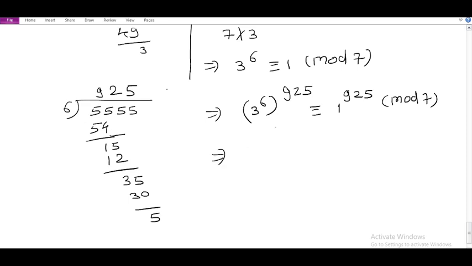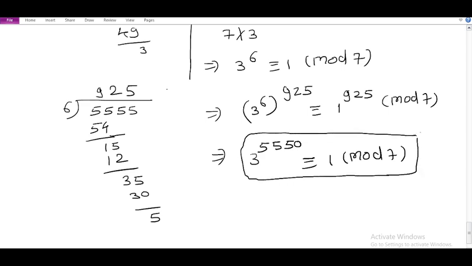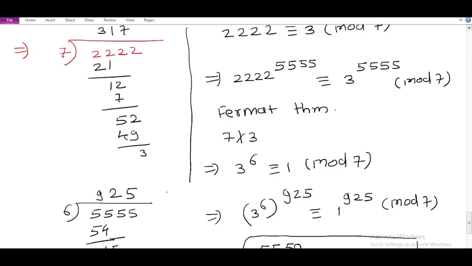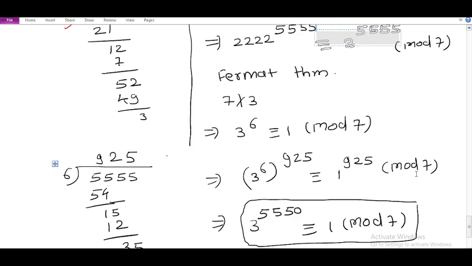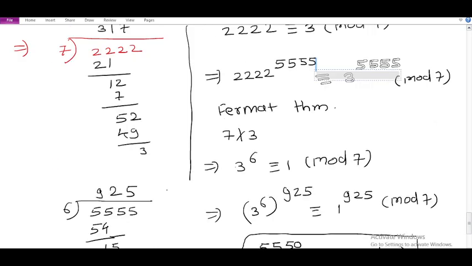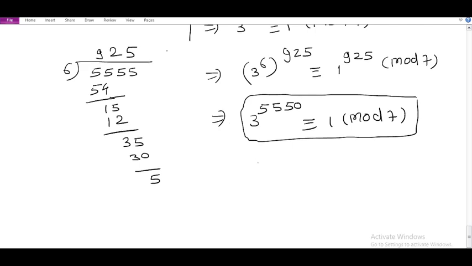So this implies if you multiply this 925 by 6, we get 3 raised to 5550 congruent to 1 modulo 7. Say this is equation number 1. We want to reach up to the power 3 raised to 5555. So again we know 3 squared is equal to 9, which is congruent to 2 modulo 7.